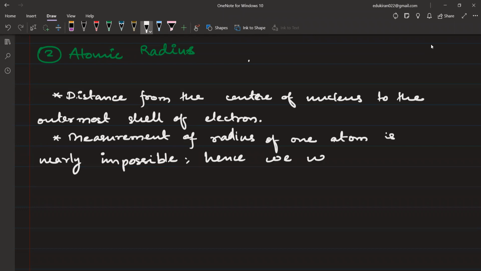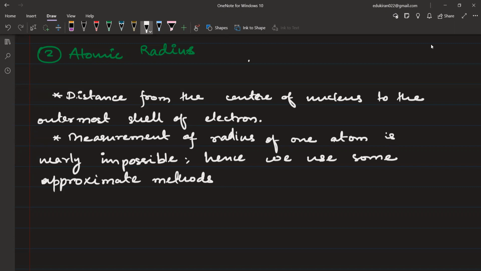Hence, we use some approximate methods. And these methods don't tell me the exact atomic radius, but they can infer to us regarding the atomic radius. So we can talk relatively.